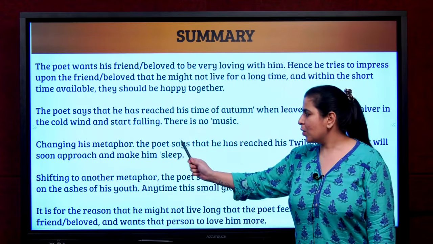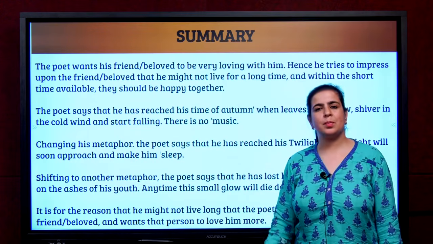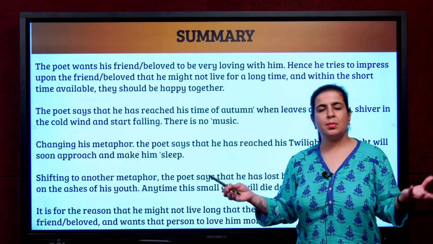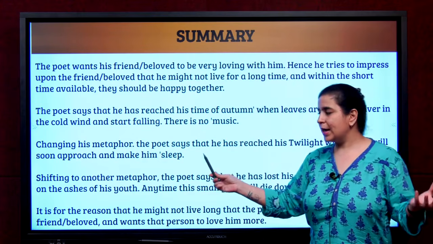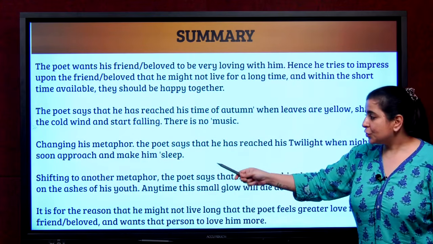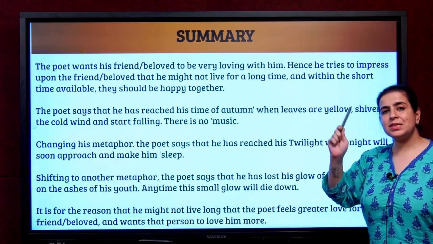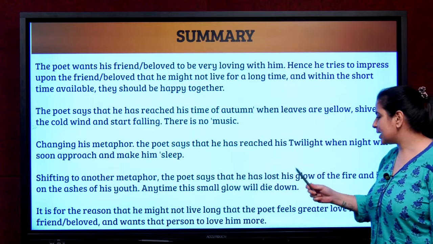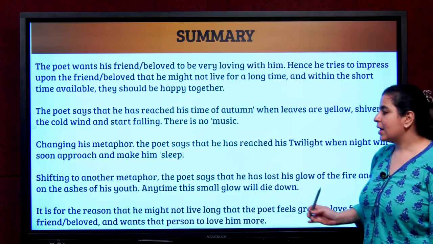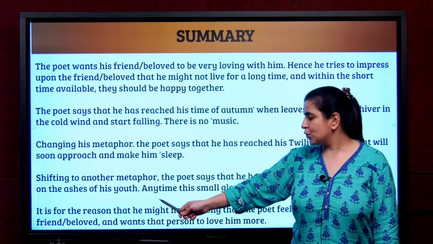Metaphor is something which you use to compare something to. Here the metaphors used for life of the poet are autumn, twilight, okay. Shifting to another metaphor. Now every stanza has a different metaphor. The poet says that he has lost his glow of the fire and is on the ashes of his youth.